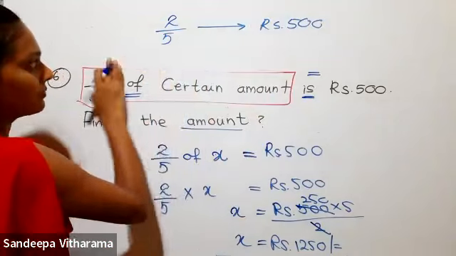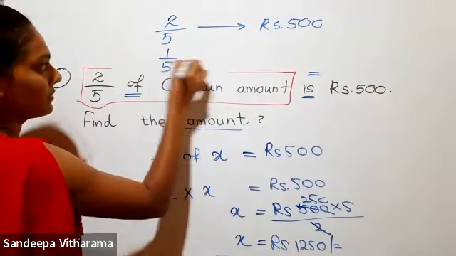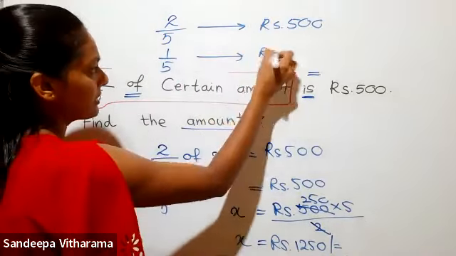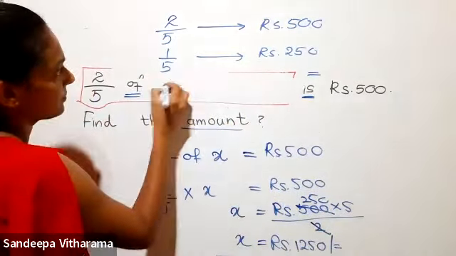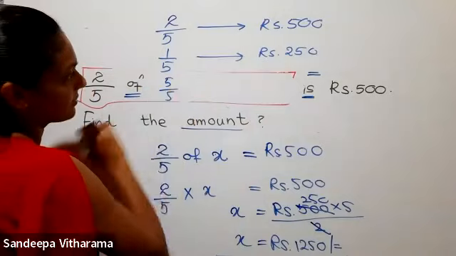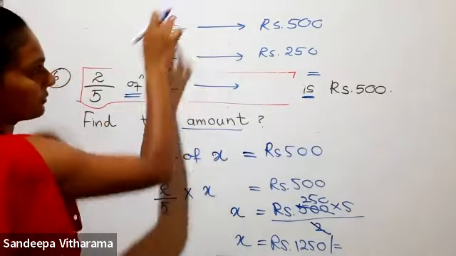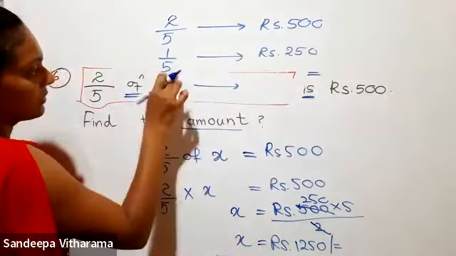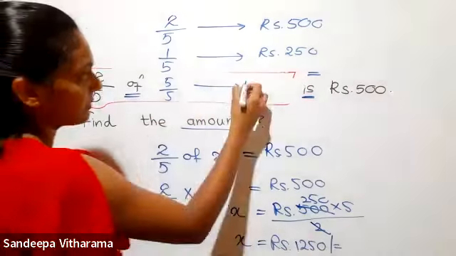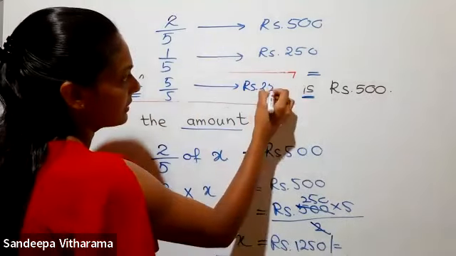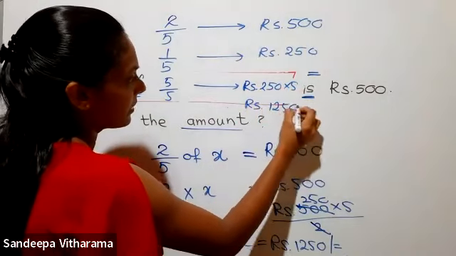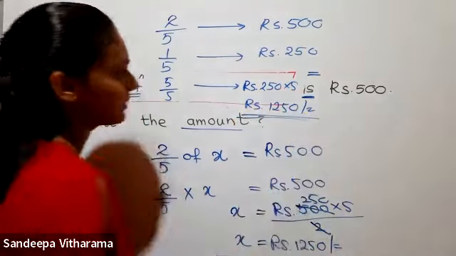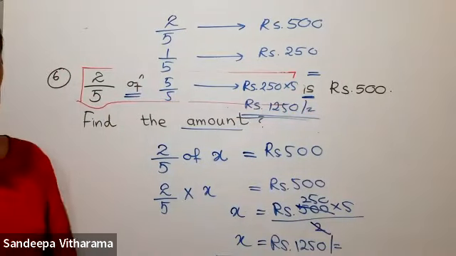Then to find 1/5, divide by 2. It is 250. Then to find 5 out of 5, the certain amount, multiply by 5. That means the answer is 1250. Okay, this is the correct answer.